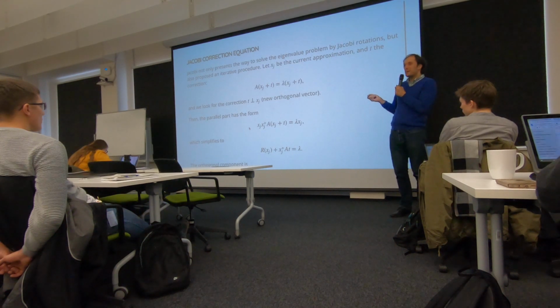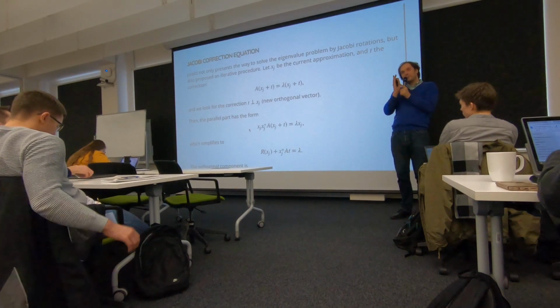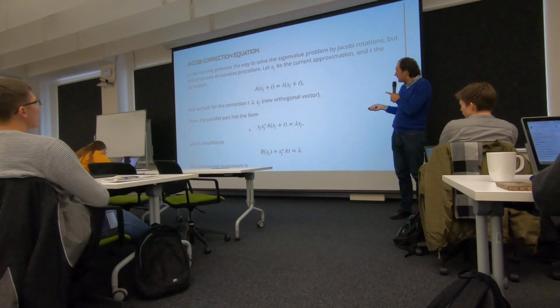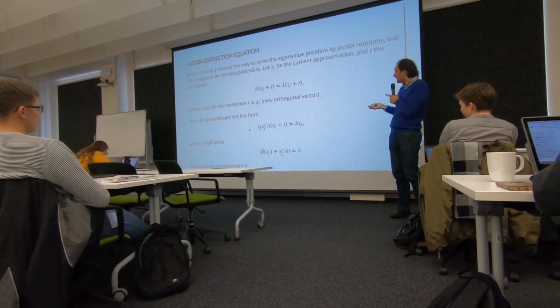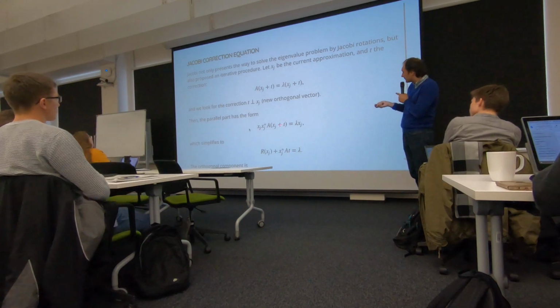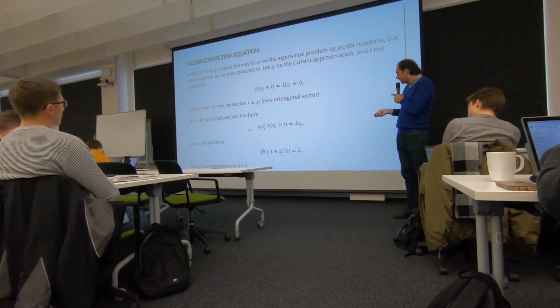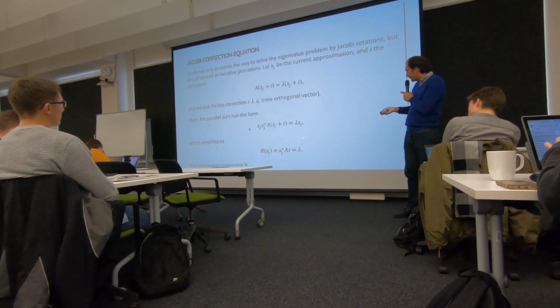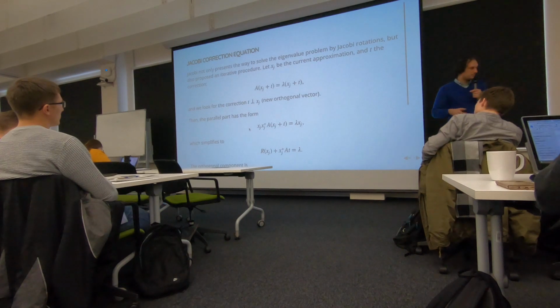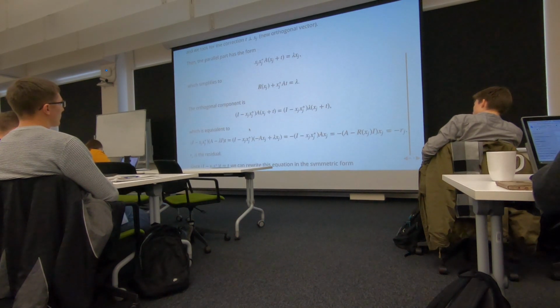This is what I call the parallel part. The parallel part is the projection of this equation onto the direction parallel to x_j, and this is only a scalar equation. And we have this equation: r(x_j) plus the scalar product of x_j and t equals lambda.